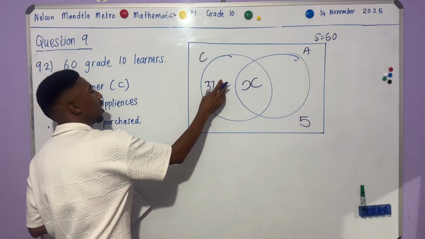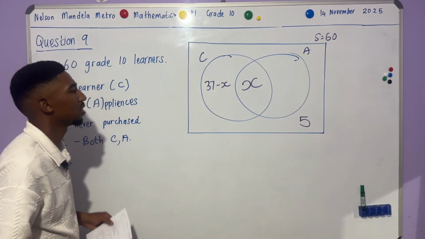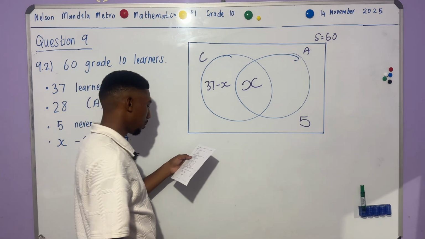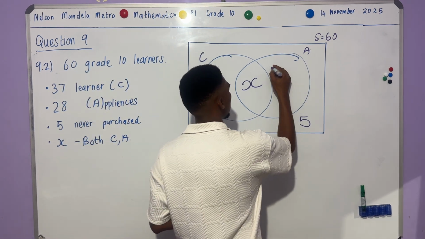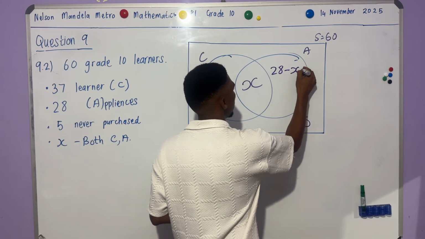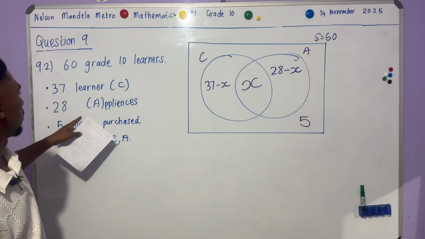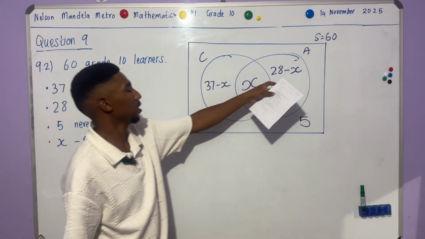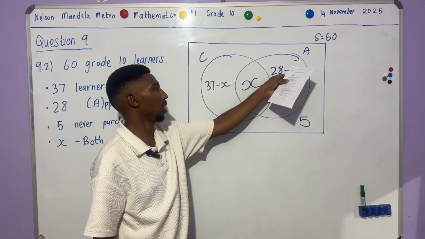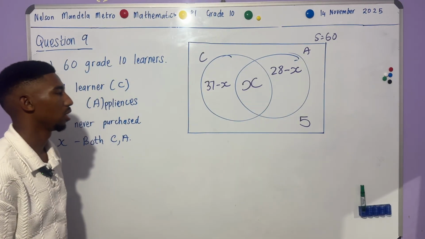So clothing only is 37 minus X. The same applies to appliances: 28 minus X over there. Since it's 28 appliances, and I know that both is X, I have to subtract whatever's in the center there.